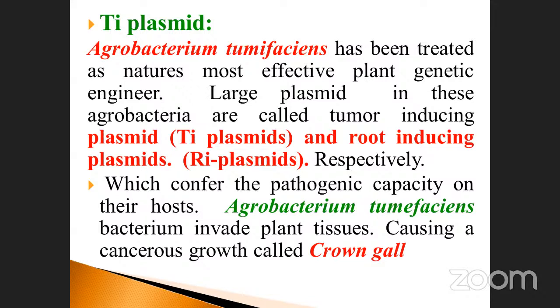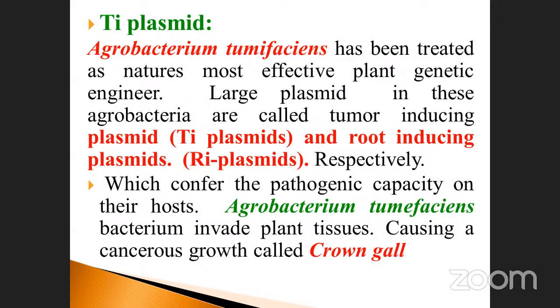This plasmid is responsible in which microorganism? Agrobacterium tumefaciens. Don't forget, Ti plasmid is also, what is that? Agrobacterium tumefaciens has been treated as nature's most effective plant genetic engineer.